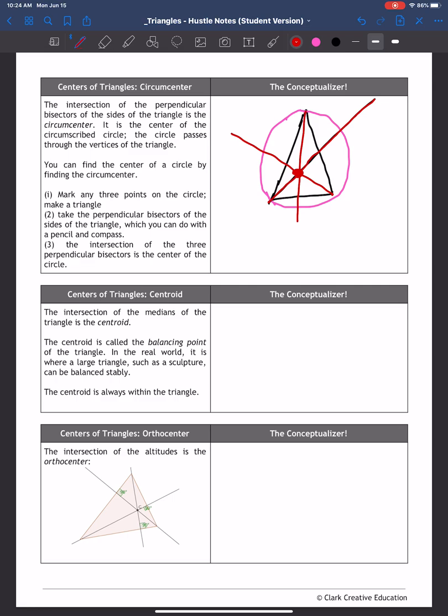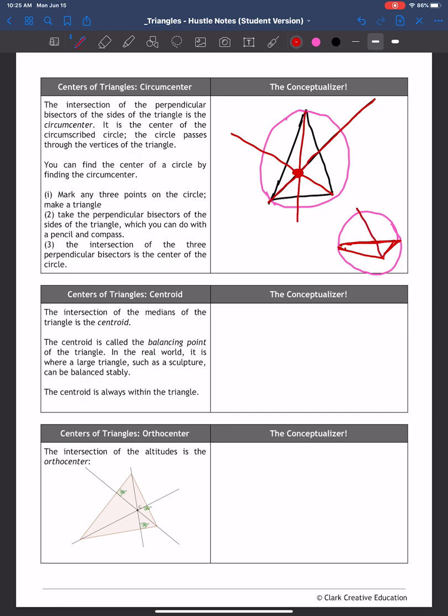The circumcenter, depending on your triangle, could be inside or outside. So if you had a triangle that looked like this, and your circle, let's extend my triangle a little bit.